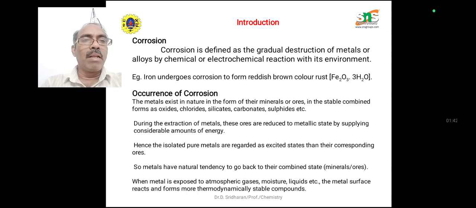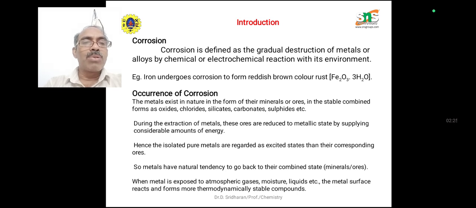That is, metal oxides, metal chlorides, metal silicates are reduced to the metallic state. The isolated pure metals are regarded as being in an excited state compared to their corresponding ores. Metals have a natural tendency to go back to the combined state, the mineral ores. So it is a reversible, cyclic process: metal oxide to metal, then metal to metal oxide.